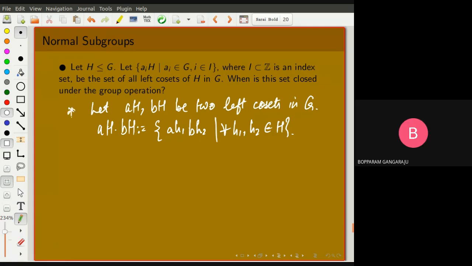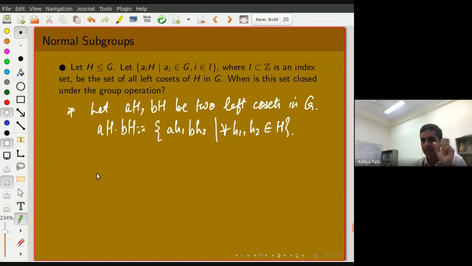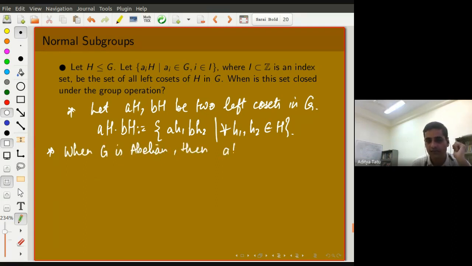When G is abelian. So that is one condition, but is that the only condition? When G is abelian, then aH bH will be equal to a left coset.